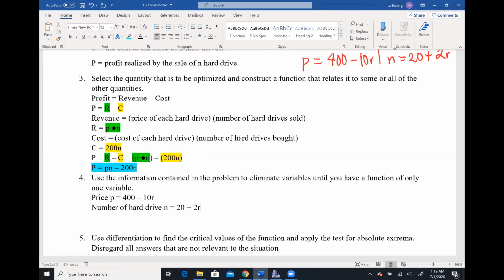So in this case, I will substitute these two into the profit to get only one variable.